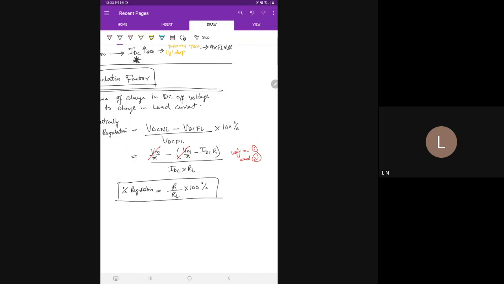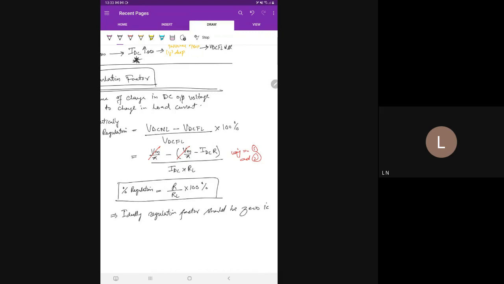Ideally, regulation factor should be 0. It means that there should be no change in the voltage with the change in load current. Please remember that ideally, regulation factor should be 0.